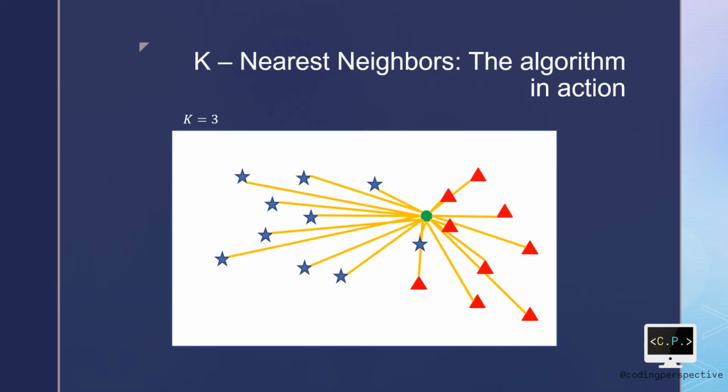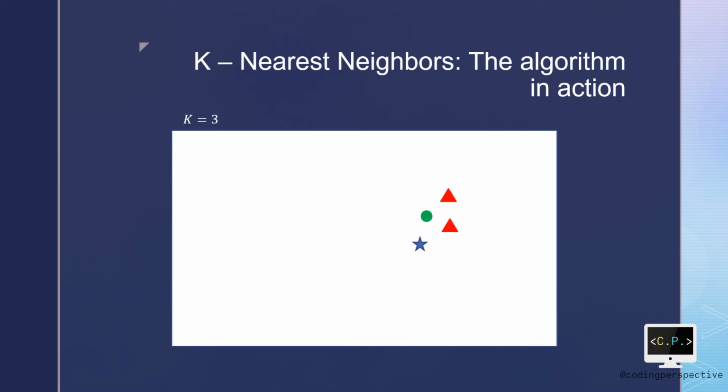The algorithm first looks at the data points in the dataset. It calculates the distance between the test observation and the training data points. Note that you can use any distance measure you want. After calculating the distances, the algorithm selects the first k closest data points, which is the first 3 points in our case.